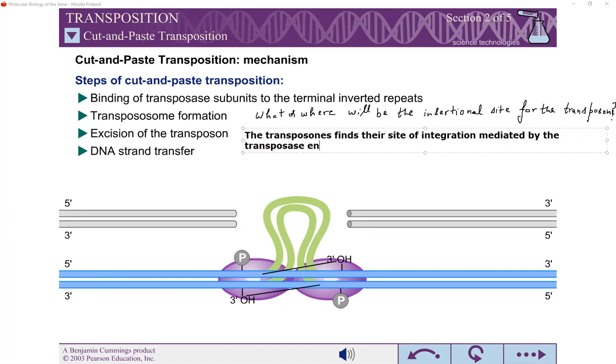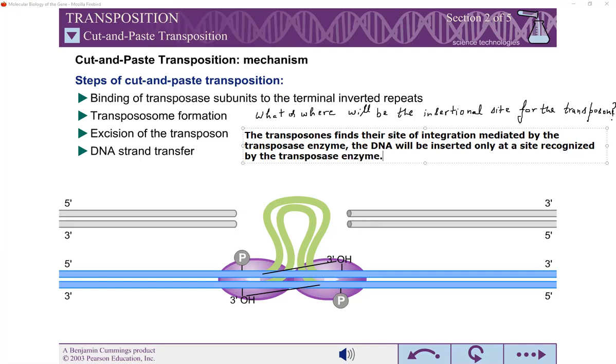The DNA will be inserted only at a site recognized by the transposase enzyme.